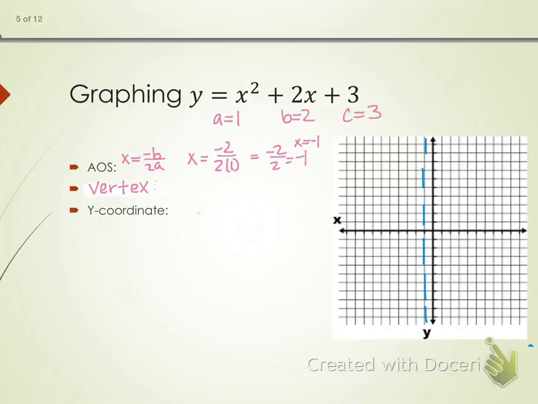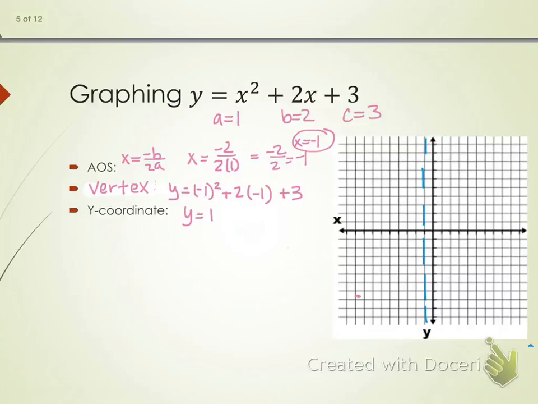So it should be a dashed line at negative 1 like so, that blue line. My vertex, I take whatever I just got from my x equals negative b over 2a, and I plug it in for x. So if I plug that in, I got y equals negative 1 squared plus 2 times negative 1 plus 3.